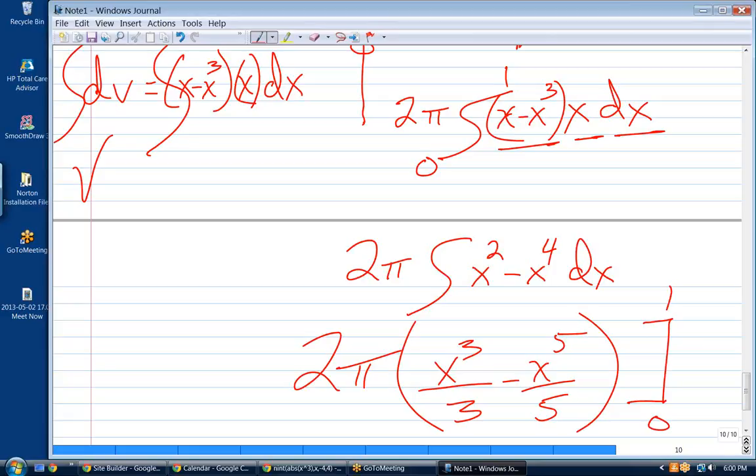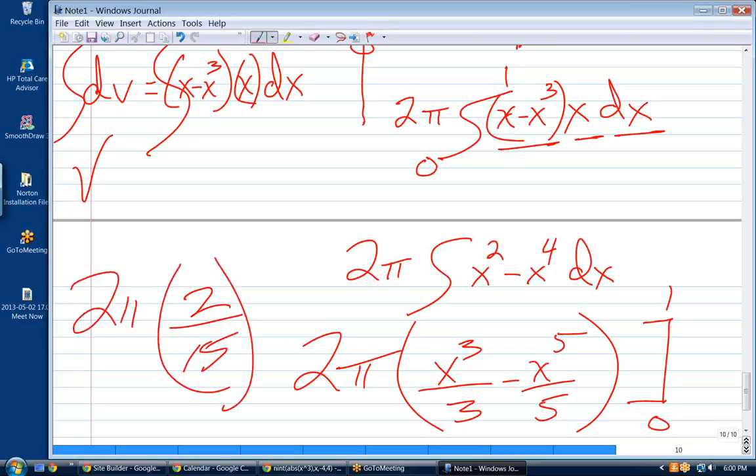Which is going to be 1/3 minus 1/5, which must be 2/15. So we have 2/15 times 2 pi. So 4 pi over 15 should be the answer to that.